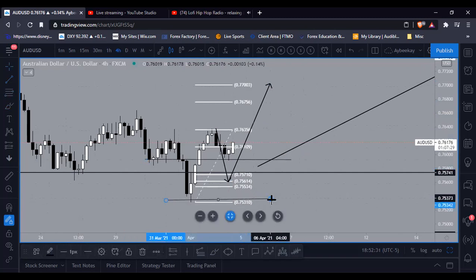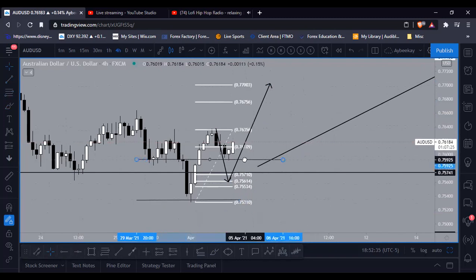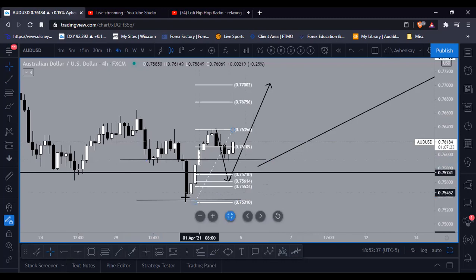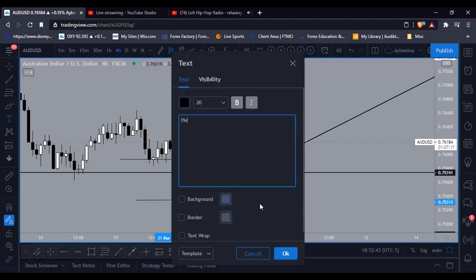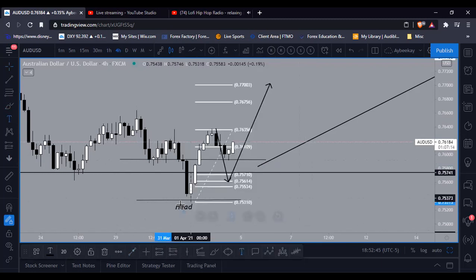Identify it even better. But there are multiple things that are telling me that this is going to turn around. So where's my text? Head. Copy. Paste.